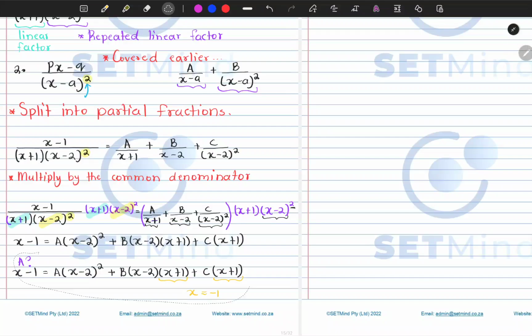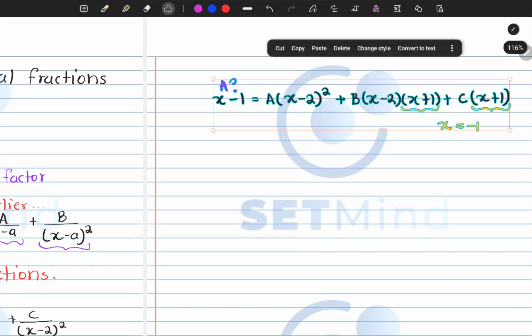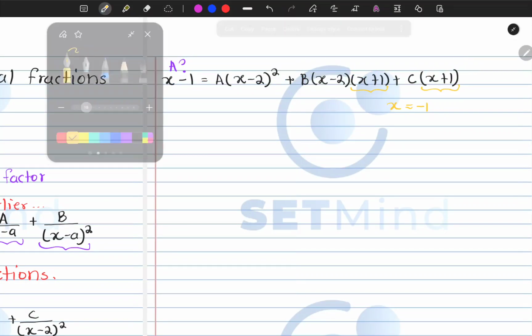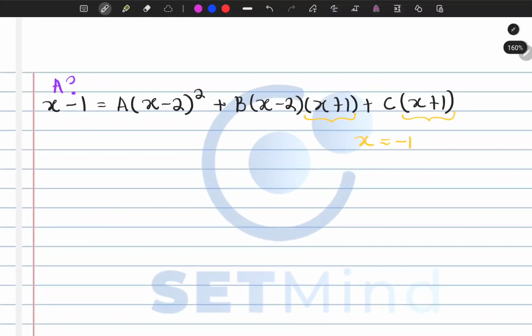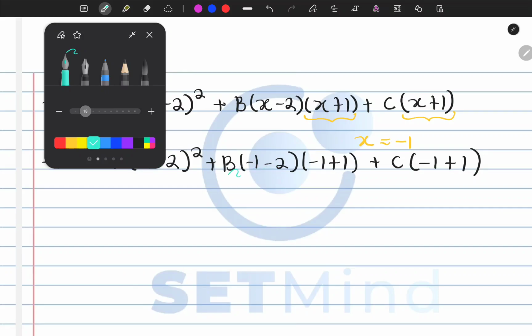So let's go ahead and do exactly that on this page here. We'll set x is -1 because we just want to be left with the a. If we do so, on the left-hand side we'll have -1 minus 1 equals a into -1 minus 2 all squared, plus b into -1 minus 2 into -1 plus 1, then plus c into -1 plus 1. If you look carefully, there's nice cancellation of terms.